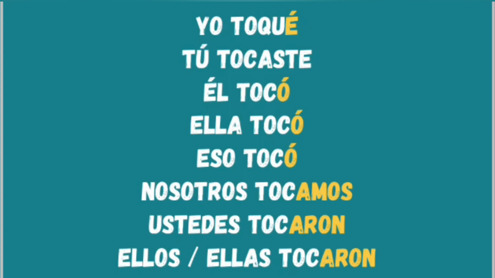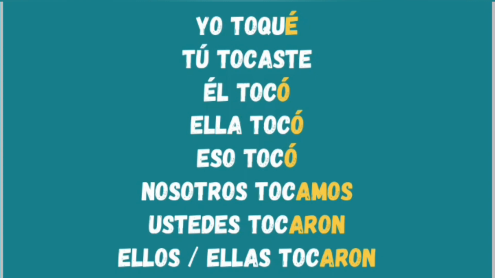Ella tocó. Now if you want to say it played or it touched, in Spanish you have to say eso tocó. Eso tocó. If you want to say we played or we touched, then you have to say nosotros tocamos. Nosotros tocamos.